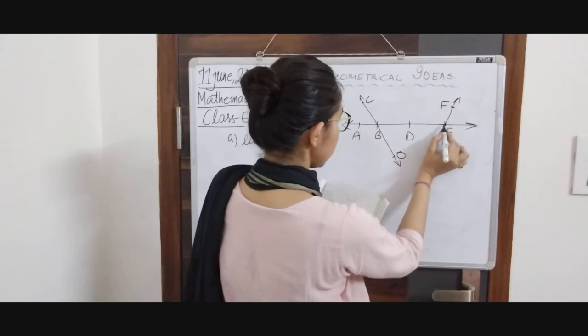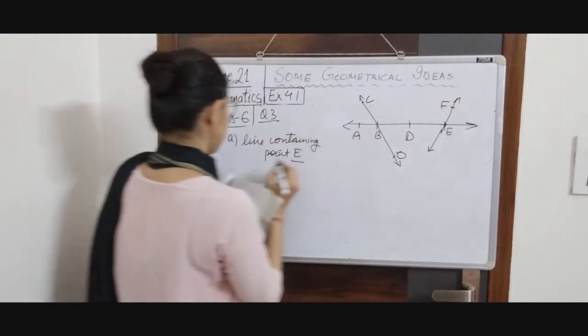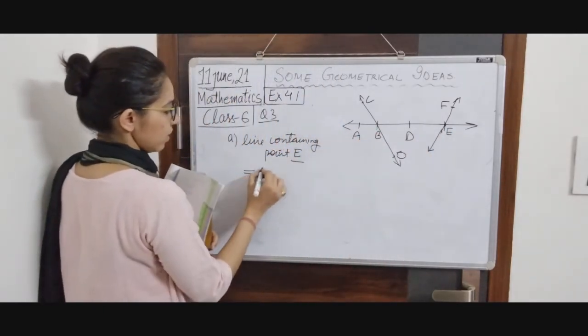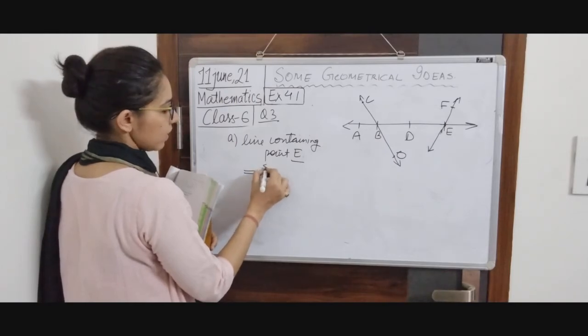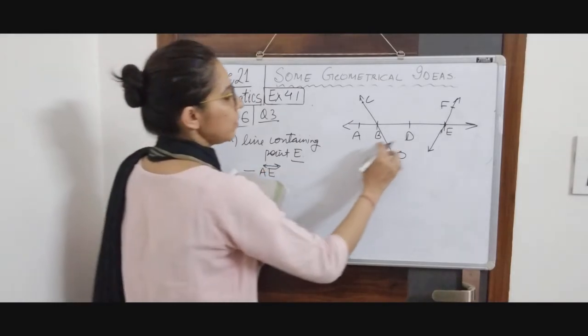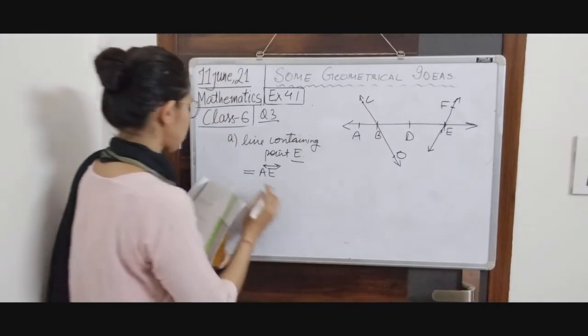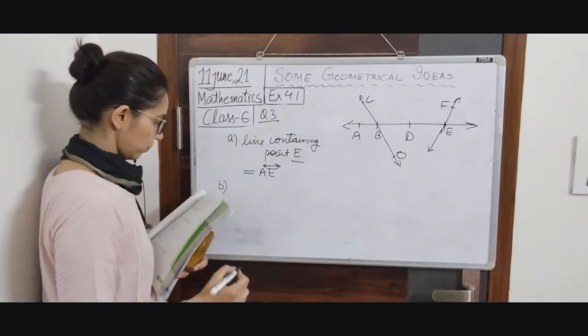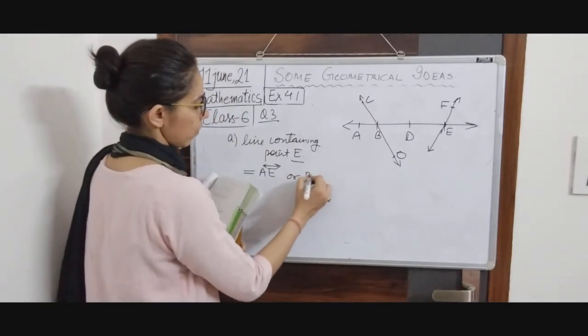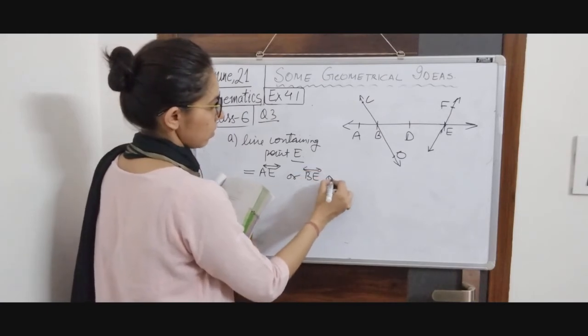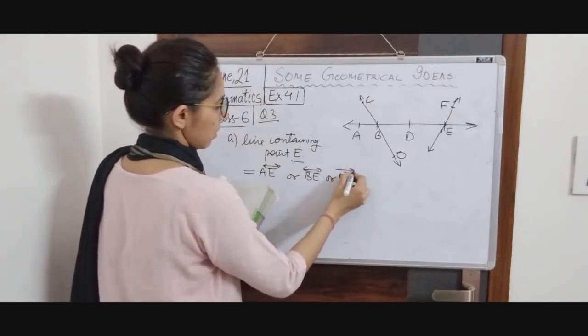We will say AE. We can say AE is that line, right? You can say BE also, DE also, and so on. We are using AE or BE or DE and so on.